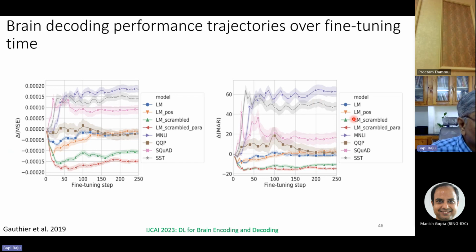What you see here is that these scrambled models have better rank accuracy at different stages of fine tuning, right? 50% fine tune, 10 fine tuning steps. Even after 50 steps, already you see superior performance, both lower mean squared error and better rank accuracy for these.